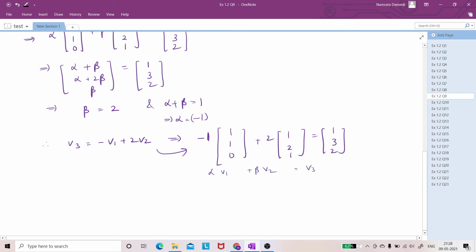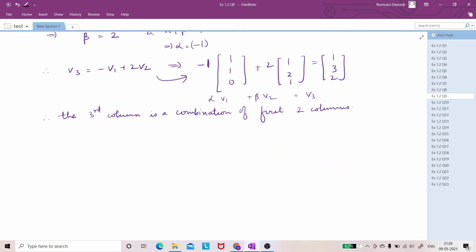This is what we have written. So therefore, the third column is a combination of the first two columns. Okay, so we have proved this.